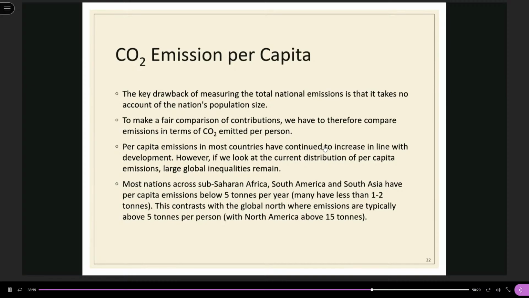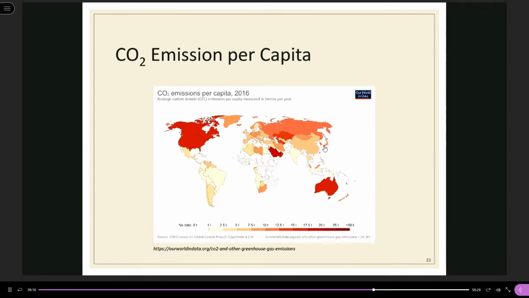This contrasts with the global north, where emissions were typically 5 tons per person, and North America has 15 tons per person. So let's look at the graph. For North America, the figure will be around 15, and also Australia around 15, and these are per person carbon dioxide emissions.